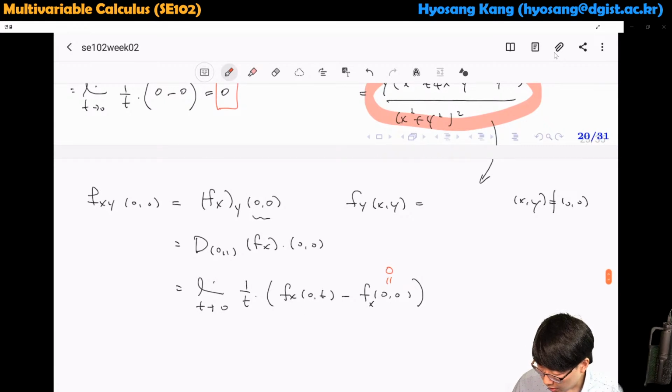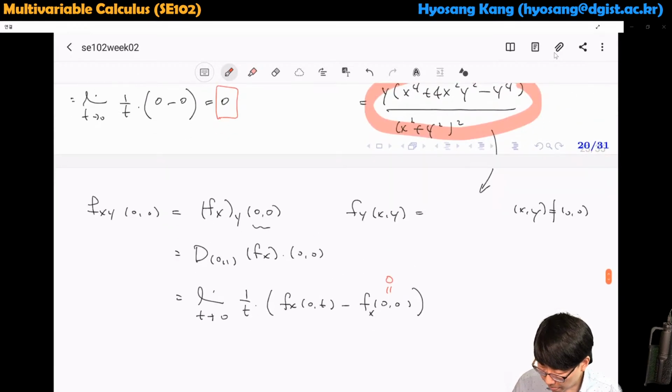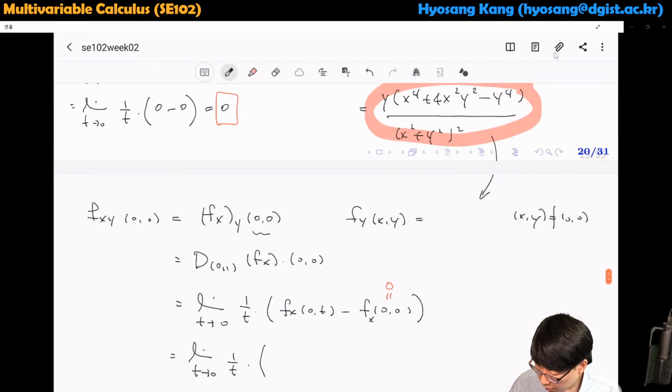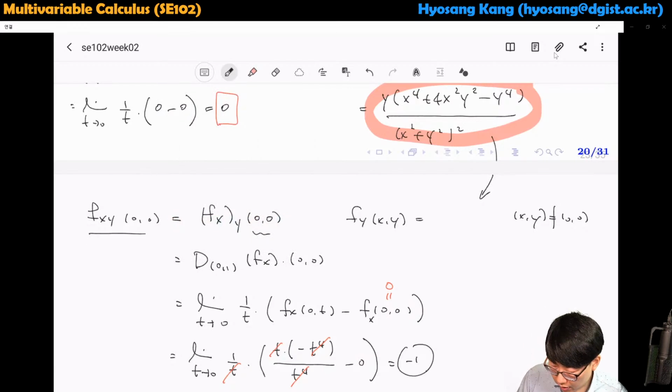And if I plug in x equals 0 and y equals t, everything becomes a little bit simpler. So I have t fourth and t times minus t fourth. So I have canceling between t and t fourth and t fourth. So we have minus 1. So the value of the second order derivative in x and y order at 0,0 is minus 1.